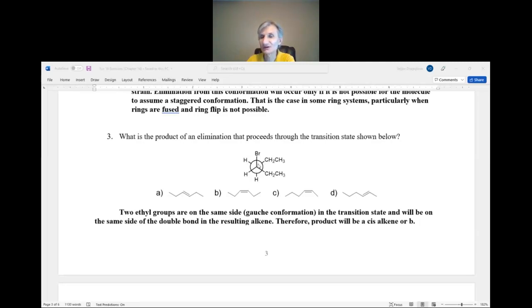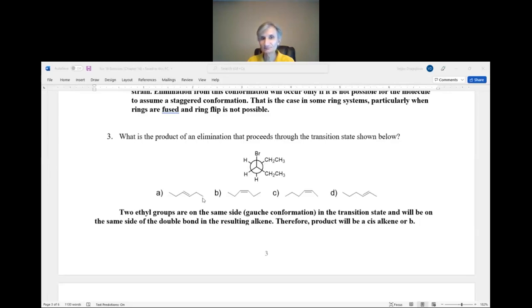That's back carbon. That's 2 more carbons. And we see that newly formed double bond will be between carbons 3 and 4, because this is 1, 2, 3, 4. And we have 2 more carbons, 5 and 6. So it's going to be hexene, 3-hexene.